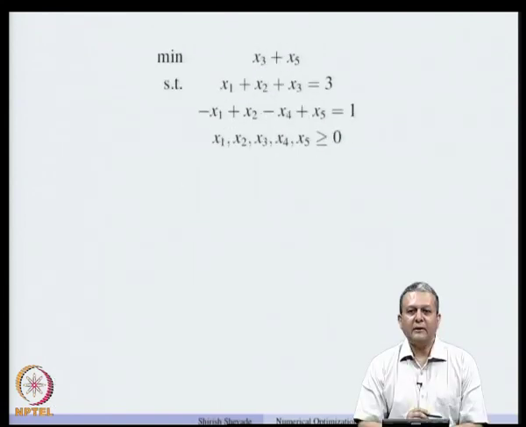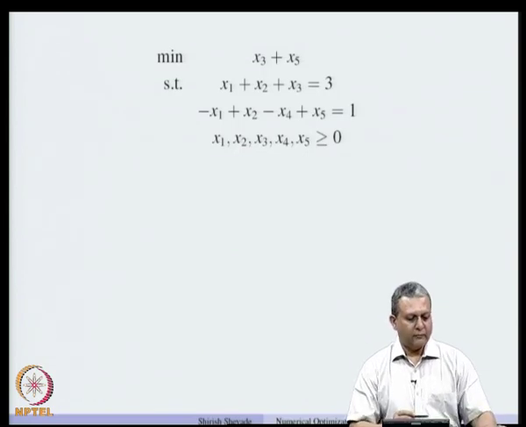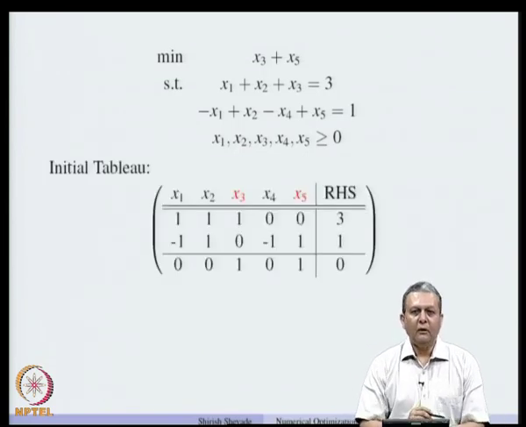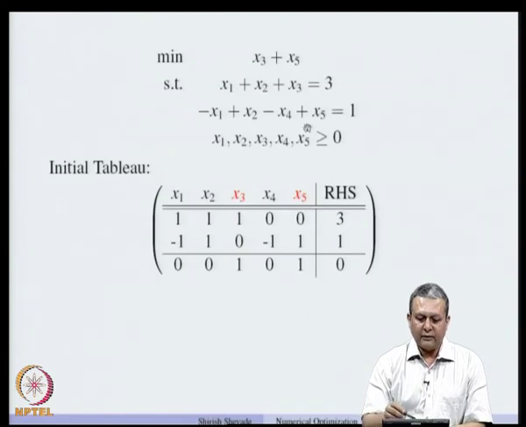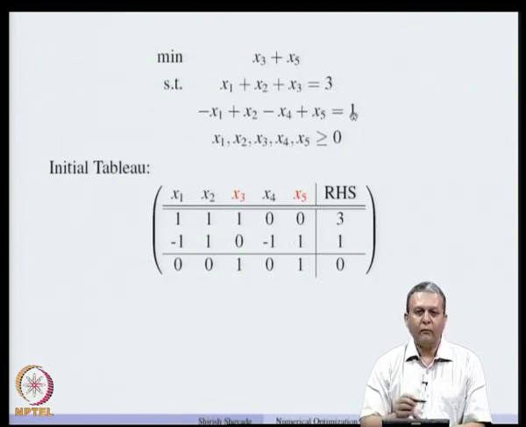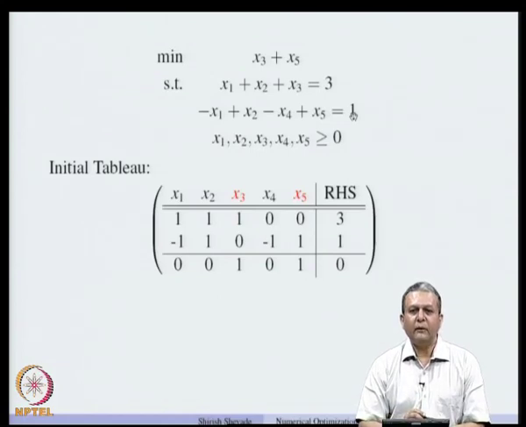As is the case in our earlier examples, we first construct a simplex tableau associated with this set of constraints. So, x3 and x5 are our basic variables, and x1, x2, x4 are non-basic variables. x3 is equal to 3 and x5 equal to 1. Now, the first step is to make the relative costs of the basic variables 0.